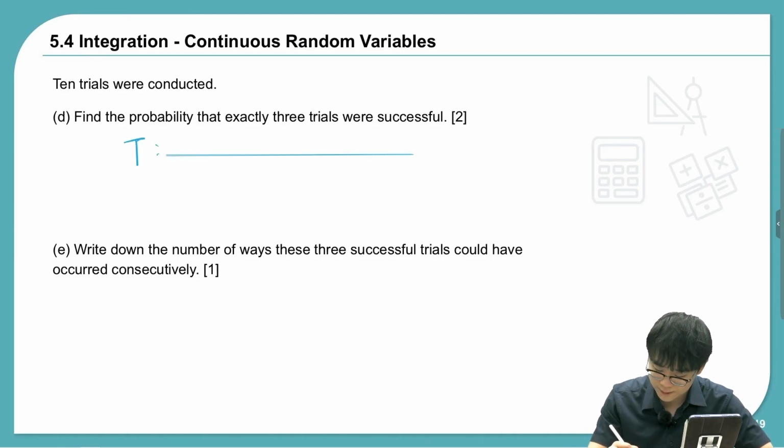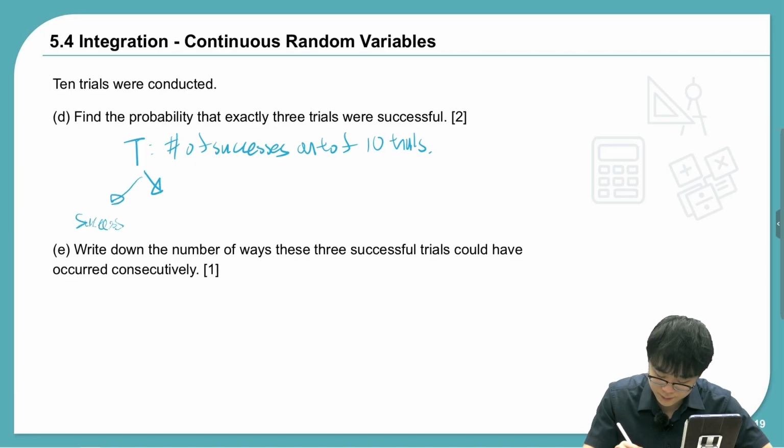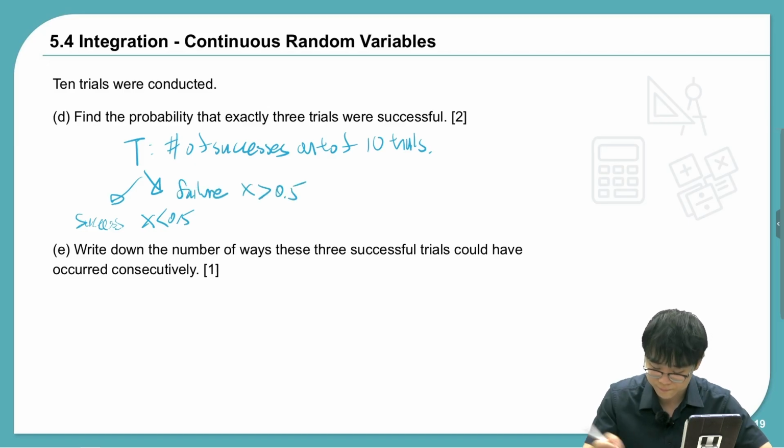Let's say t is the number of successes out of 10 trials. And a trial is a success if x is less than 0.5, and it's a failure otherwise, if x is greater than 0.5.